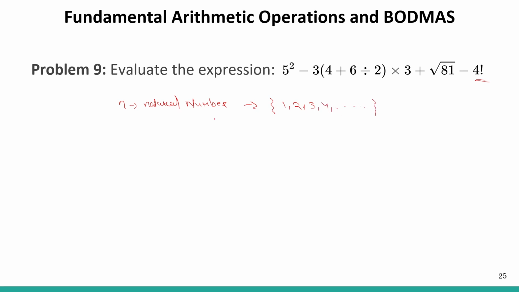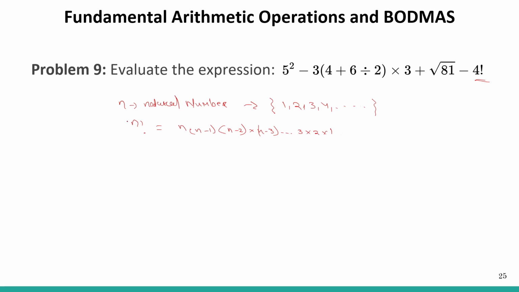And what is n factorial? N factorial is nothing but n into n minus 1 into n minus 2 into n minus 3 and so on up to 3 into 2 into 1.